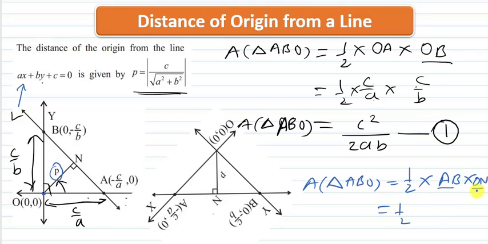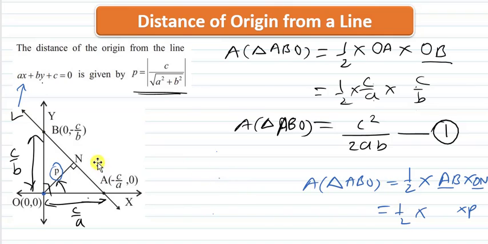Here we have considered the length of ON as P. I have to find the length of AB. I will delete this. Let's find the length of AB. By the Pythagoras theorem in triangle ABO, I can find the length of AB, that is the hypotenuse. Hypotenuse square equals the sum of squares of the adjacent sides.